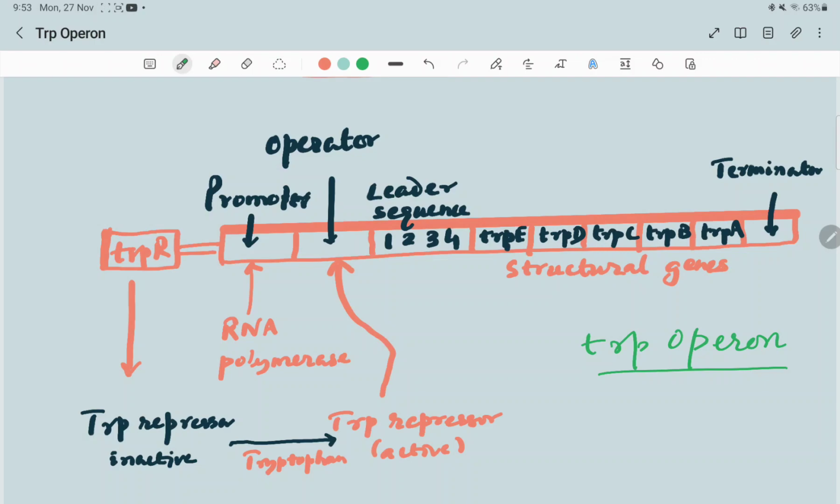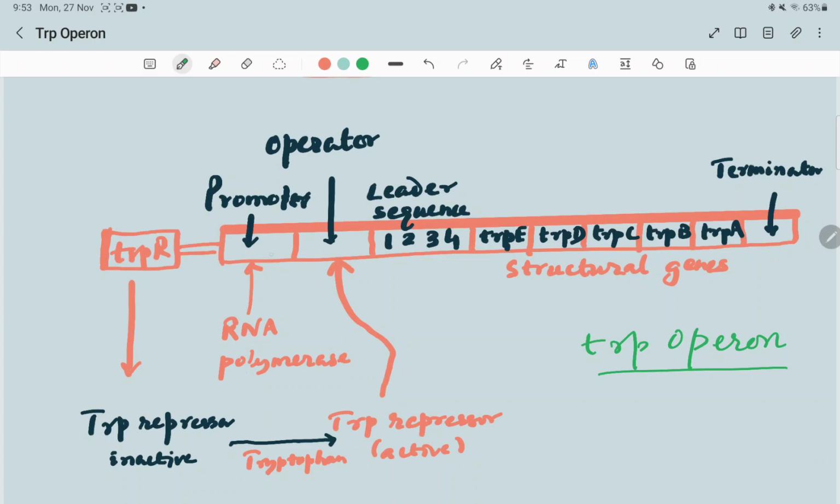And this tryptophan operon is a repressive system, unlike the lac operon which is an inducible system. So why do we call it a repressive system? Because normally the gene is on. This repressor protein which is produced from the TRPR gene is unable to bind to the operator.